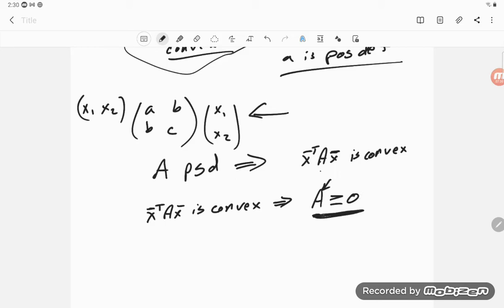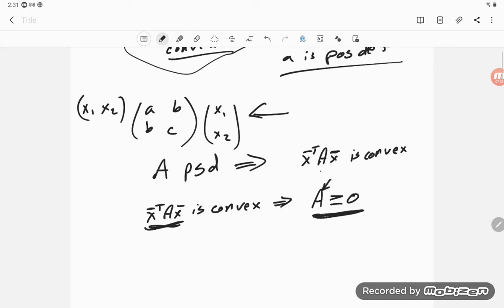It makes no sense. But the idiom is that under positive semi-definite, we know that this multiplication here will be greater than or equal to 0.